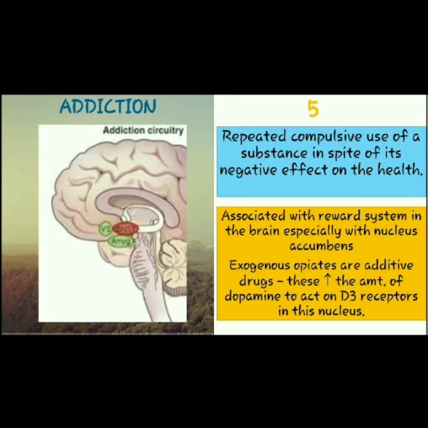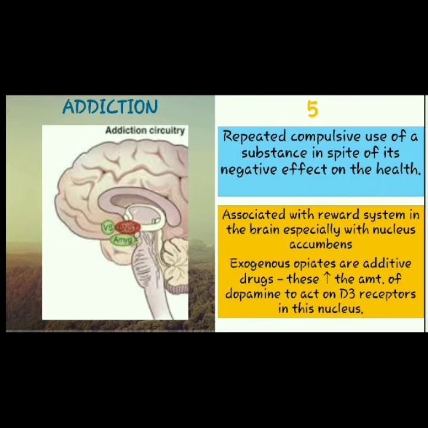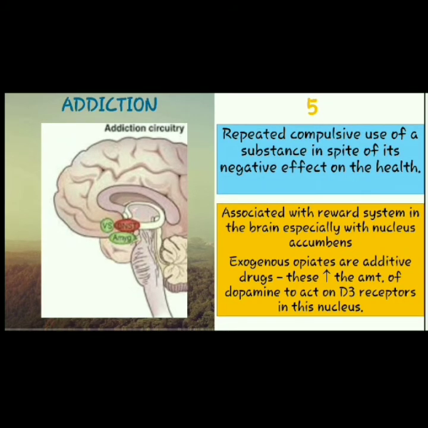So, we are moving on to our last type, addiction. Addiction is a repeated compulsive use of a substance in spite of its negative effect on our health. So, what happens in our brain? Yes, it is associated with the reward system in the brain, especially with the nucleus accumbens.